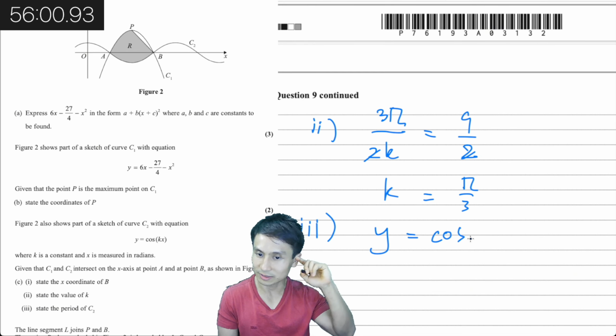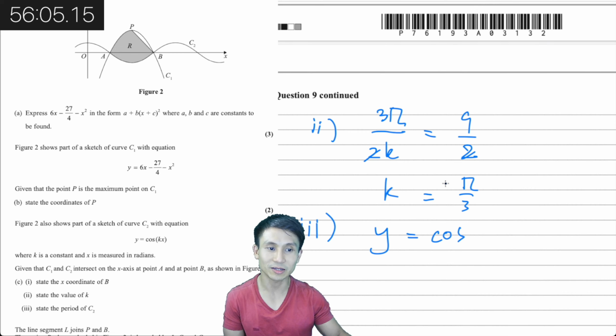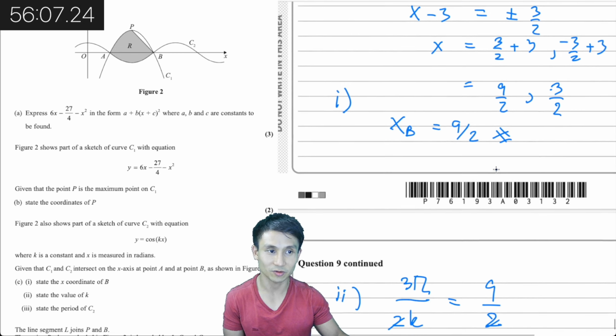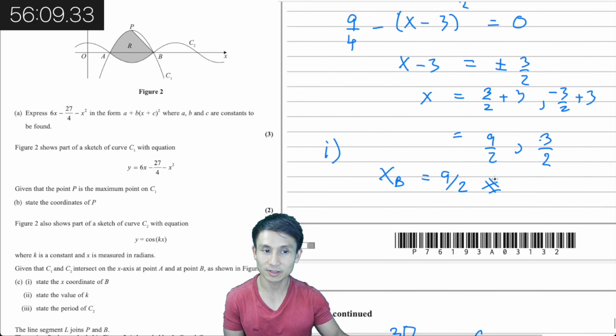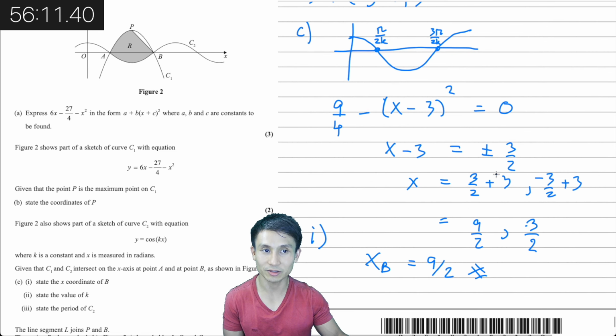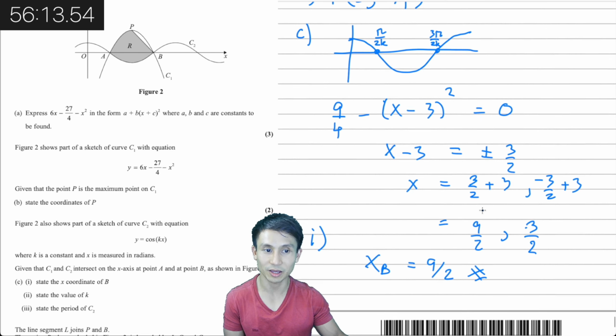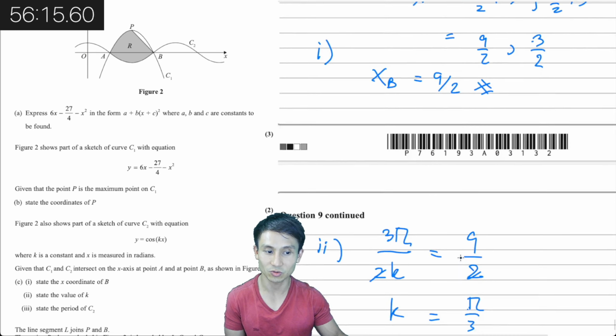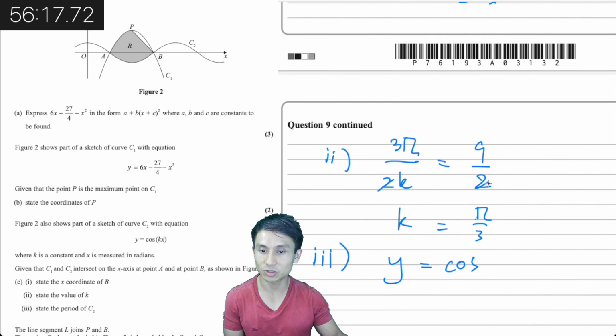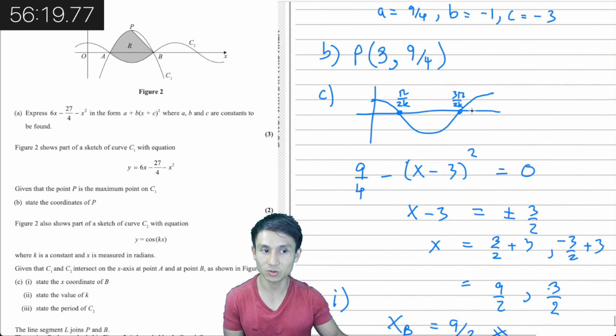X is in radians. K is a constant. Wait, hang on. I think I need to check the value of k here. So 9 over 2. The x-coordinate of the curve there is still 9 over 2. And then 9 over 2, we equate it to this. That's the normal cosine function.